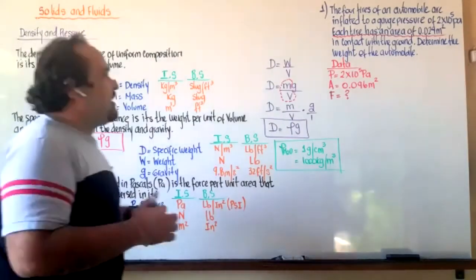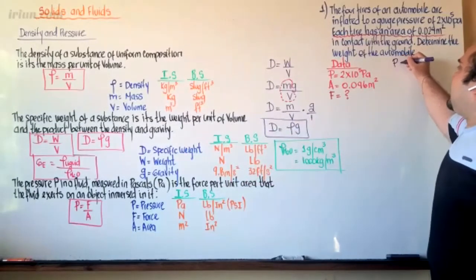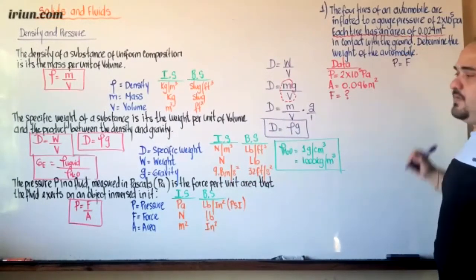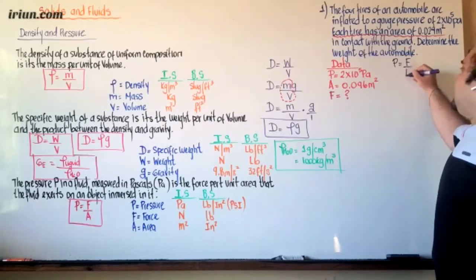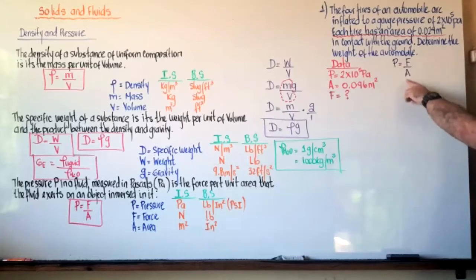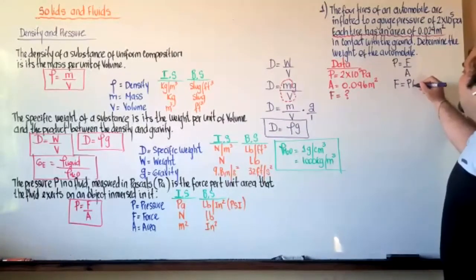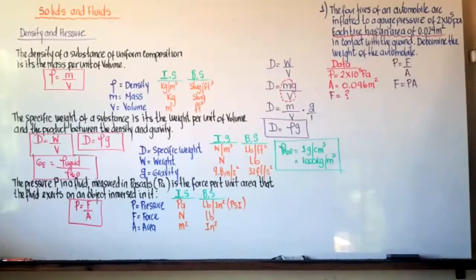First of all, we're going to apply the formula for the Pascal principle. As you can see, pressure is force divided by the area. And because we're looking for the force, the area passes to multiply. For that reason, force will be equal to pressure times area.